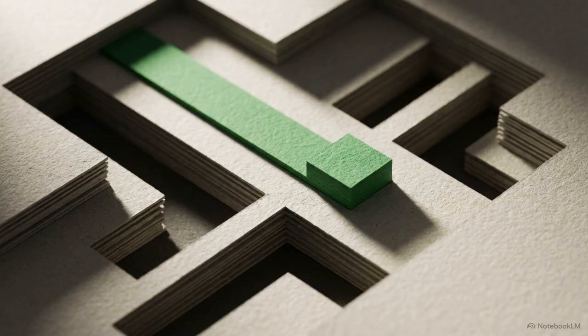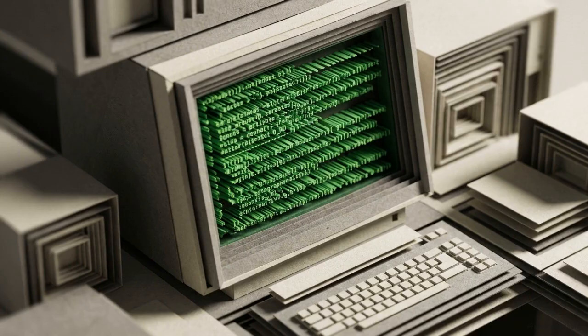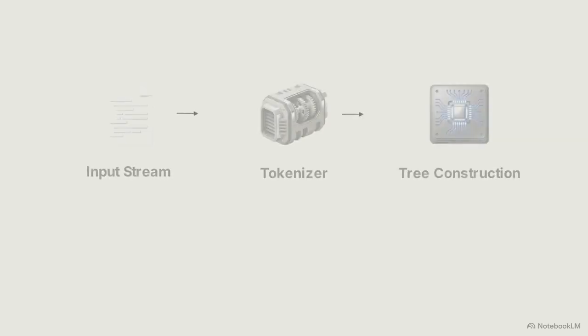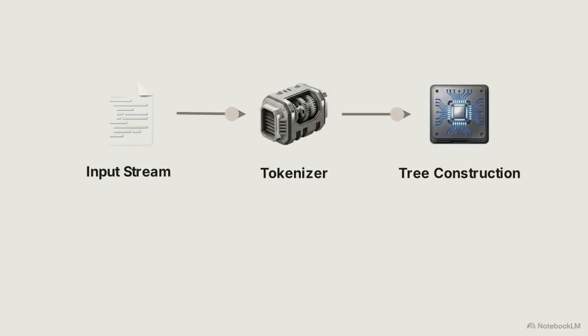This parser is reentrant. A reentrant process is one that can be interrupted in the middle of execution to handle a new task, and then safely resume exactly where it left off. During tree construction, the parser might encounter a script token, like a document.write command, which is designed to dynamically alter the page content. The tree construction stage pauses the tokenizer.